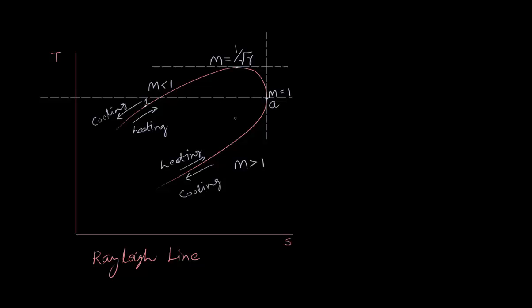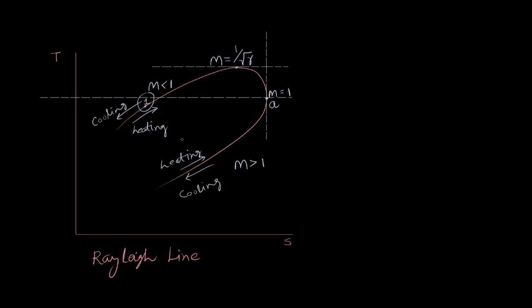This is a TS diagram, and we can make several observations from the plot. The first one is that for a given initial state, the fluid cannot exist at any downstream state outside the Rayleigh line on TS diagram. That means for a given initial state, there exists a unique Rayleigh line.